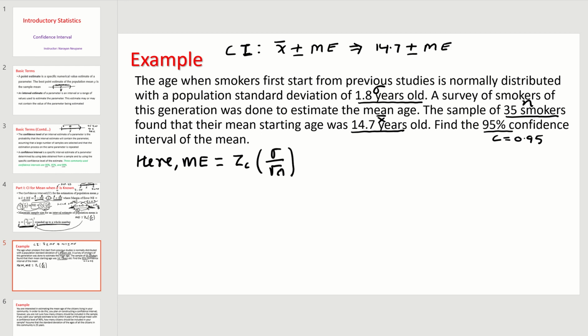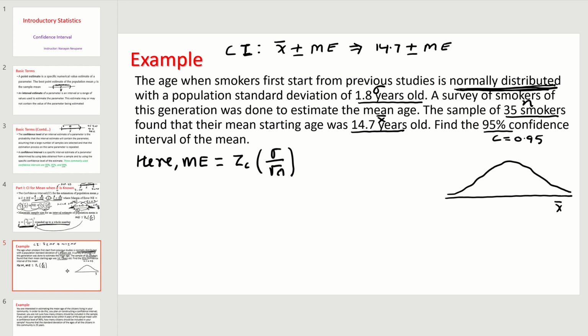Now, in order to find the z critical, we are going to take our normally distributed population. When the population is normally distributed, whatever samples you take from there, from the central limit theorem, you know that the sample means are also normally distributed. So if I want to graph the probability distribution for sample means, it will also be normally distributed like this.